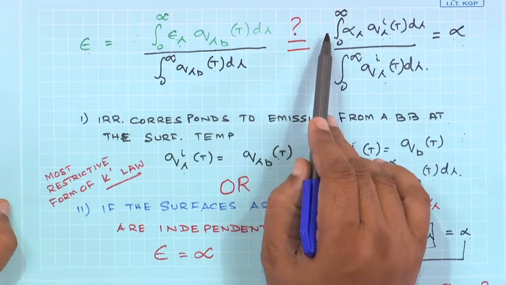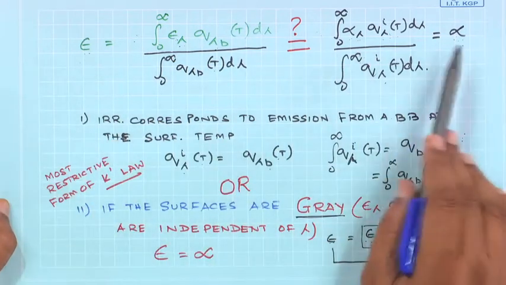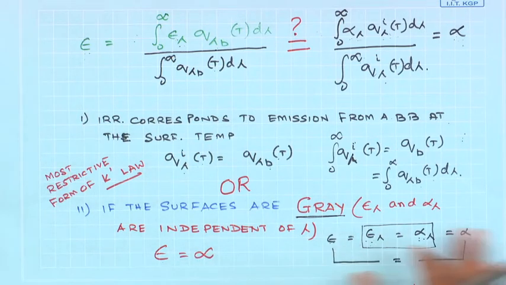And since alpha lambda is equal to epsilon lambda, we can say that epsilon is equal to alpha. That means the overall emissivity of a surface is equal to the overall absorptivity of the surface. So, these two are equal. This is another form of Kirchhoff's law.